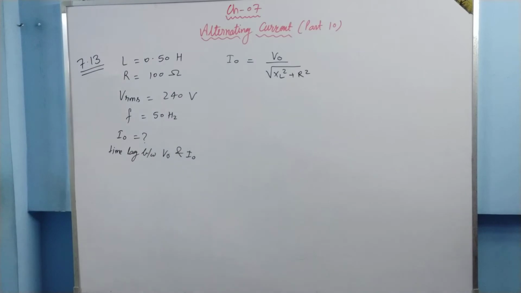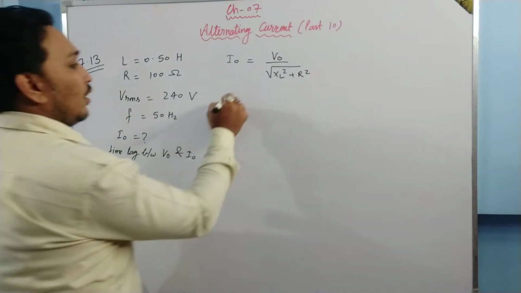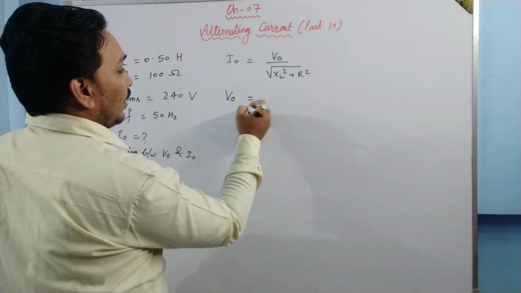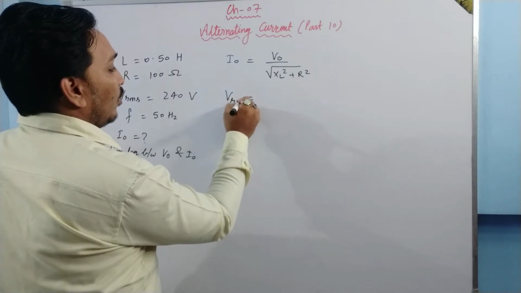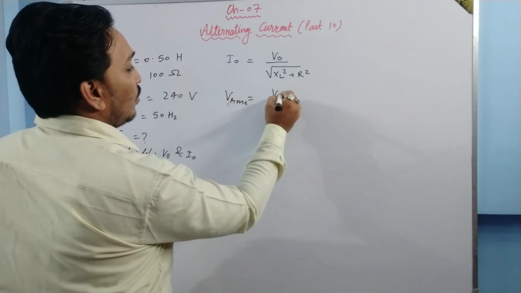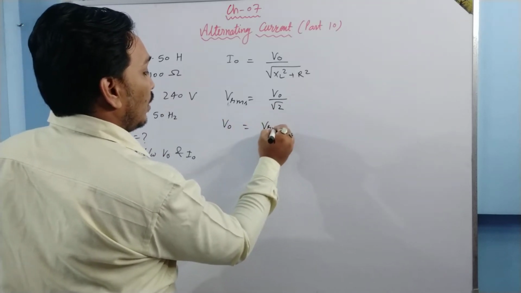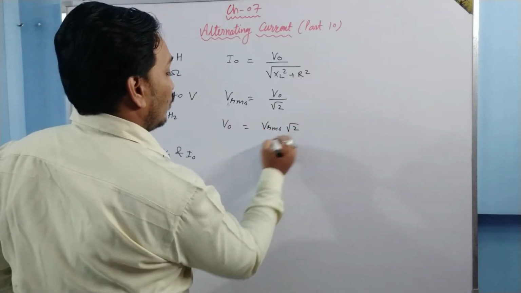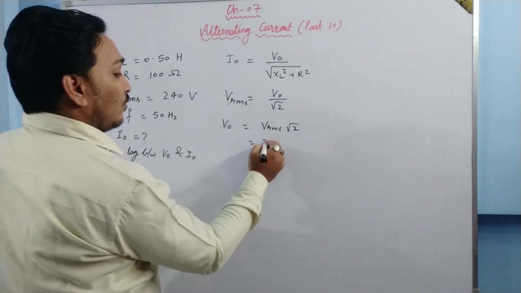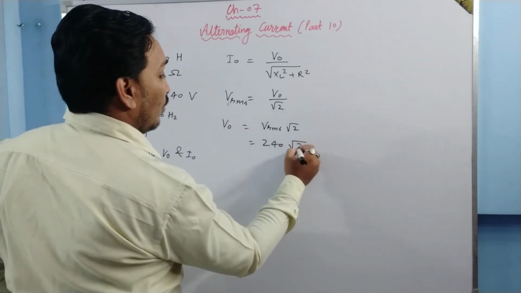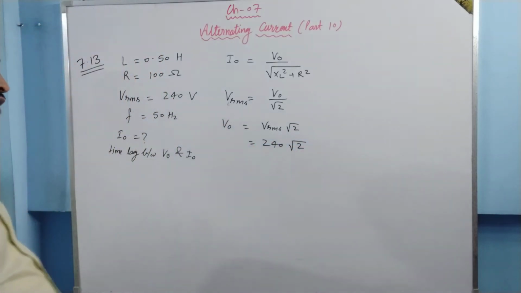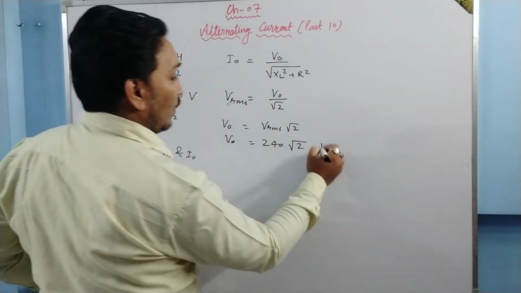So the value of V0 needs to be calculated. We know the formula VRMS is equal to V0 by root 2. From here V0 is equal to VRMS root 2, and the value of VRMS is 240 volt, so V0 is 240 root 2 volt.